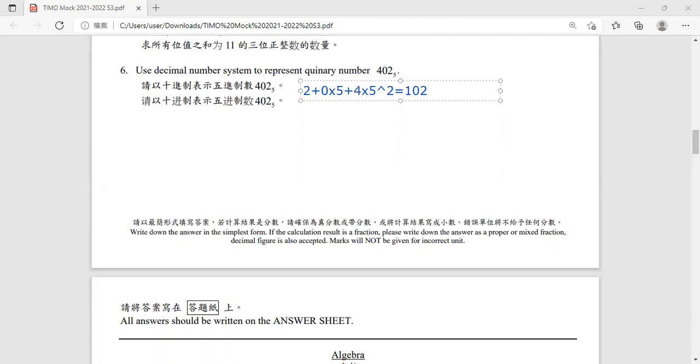So it's 102, just that. You just convert the number to a decimal number. You use all the powers of the place value. Because it's a quinary number, the 4 will be times 5 squared.